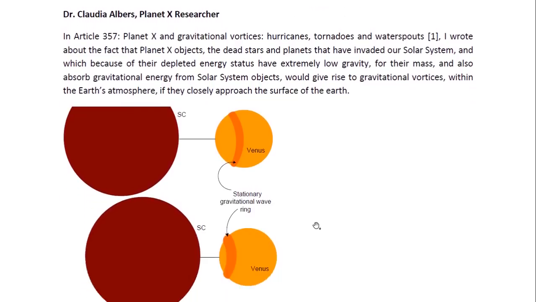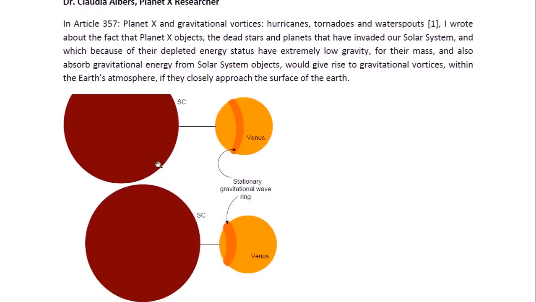And here you see what would occur on Venus if a stellar core would approach it. If the stellar core, that is a Planet X object, was still quite far from the planet, then this type of stationary gravitational wave in the form of a ring would arise. So it could cause an area with a wave of a certain height, and matter in this area would be of lesser density.